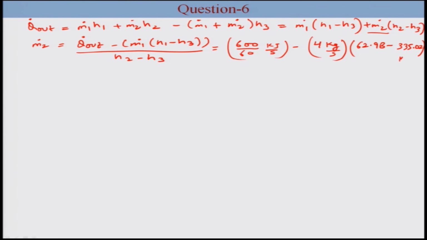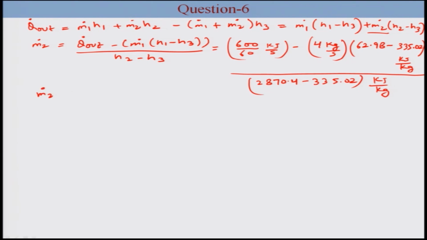So, this is in kilojoule per kg, dividing the entire expression by h2 minus h3, which is 2870.4 minus 335.02, and this is in kilojoule per kg. So, this gives a value of m2 dot which is equal to 0.429 kg per second.